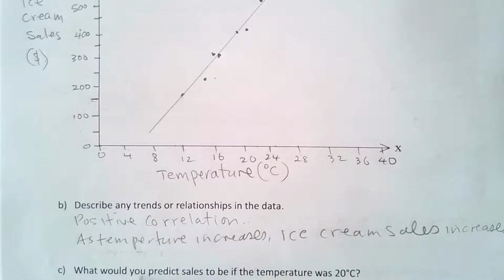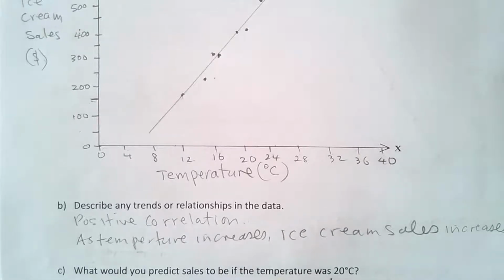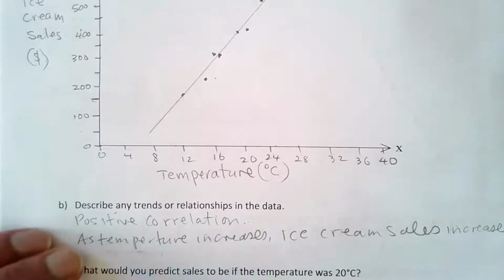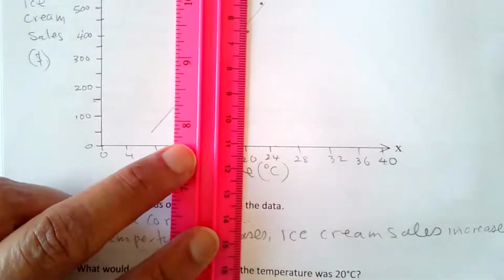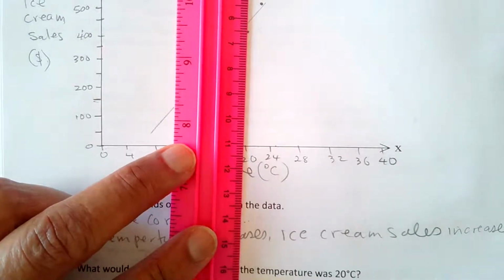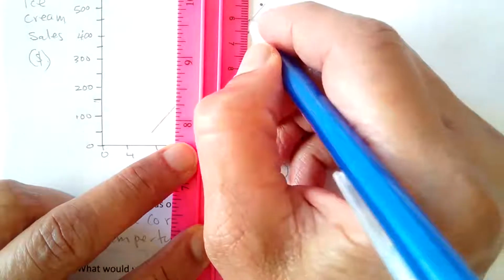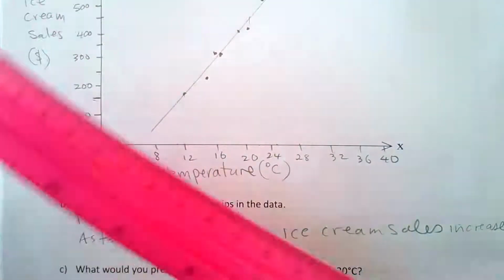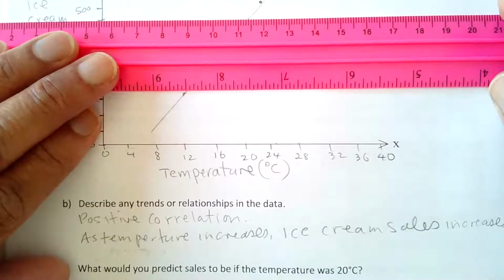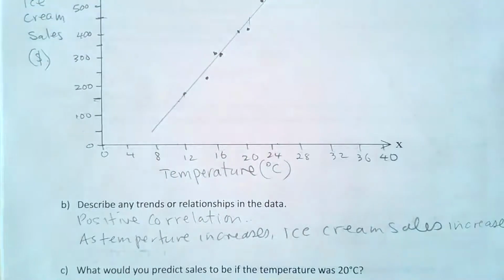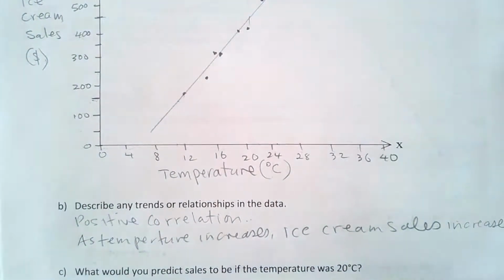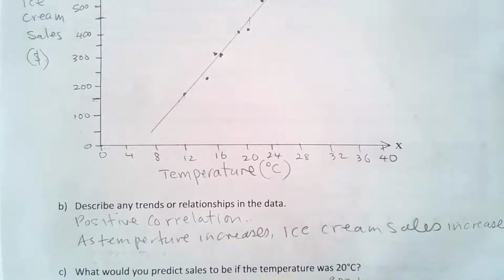Now, what would your predicted sales be if the temperature is 20 degrees Celsius? So here we're going to go to 20 degrees Celsius based on our line. We will tick mark there. Then I go across, and my sales are approximately $450.